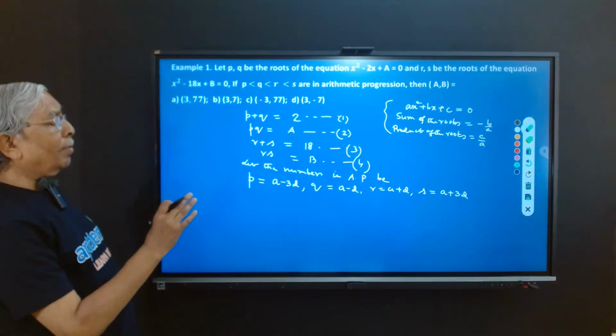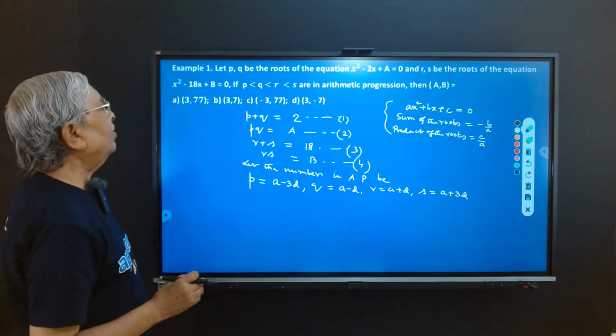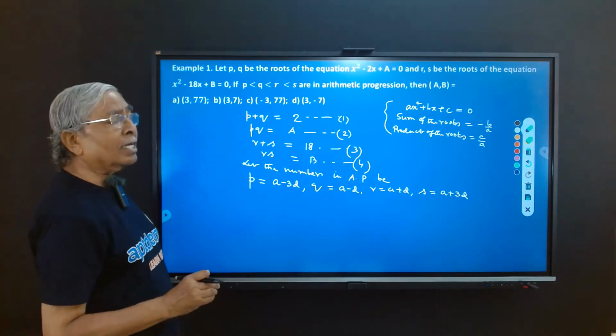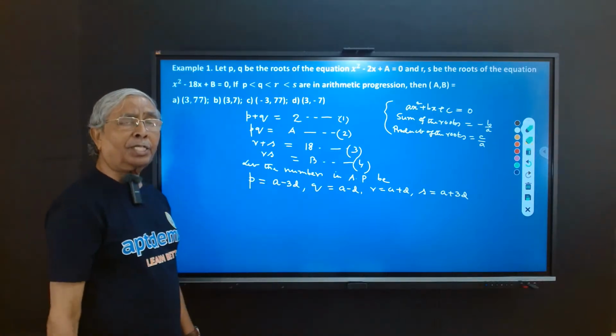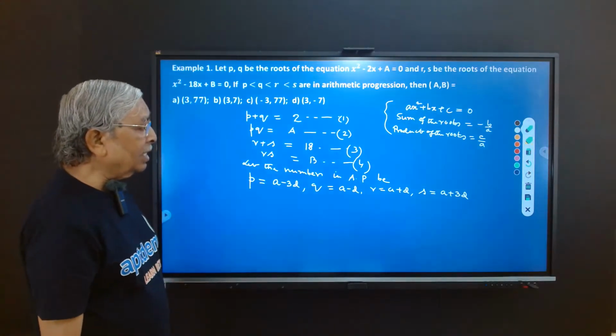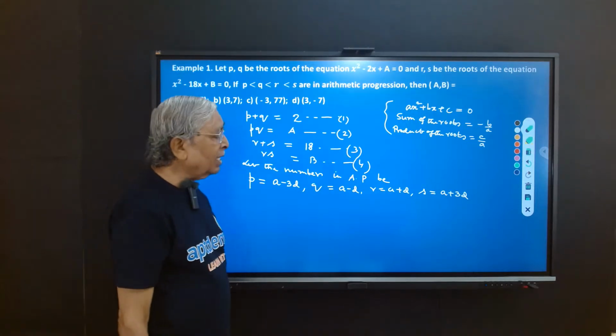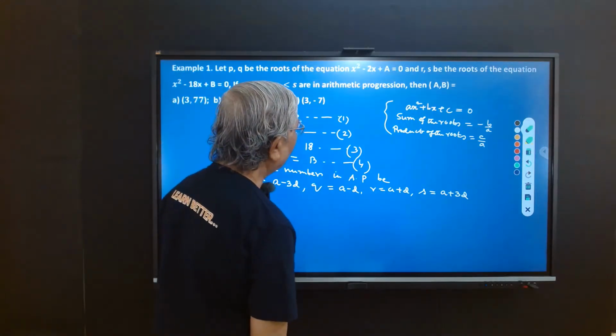So let us write p is equal to a minus 3d, q is equal to a minus d, r is equal to a plus d, and s is equal to a plus 3d.